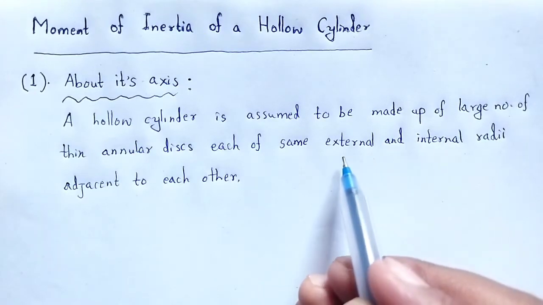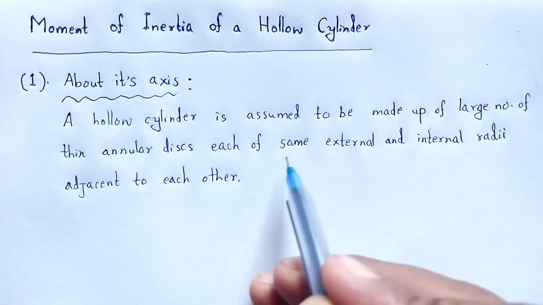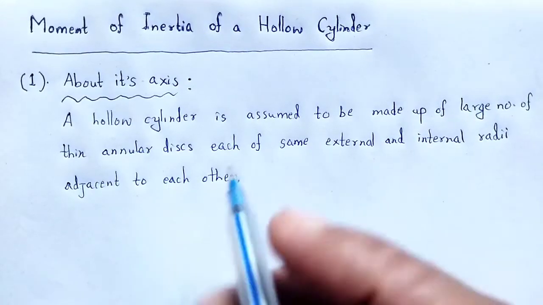Means the internal radii and the external radii are very close to each other.